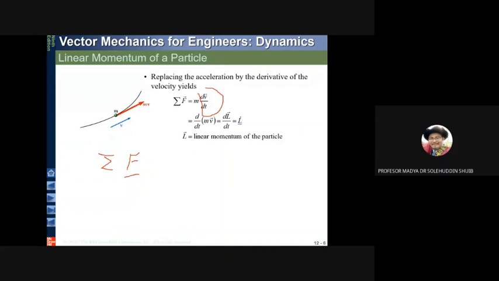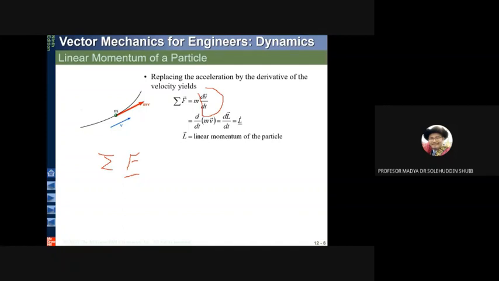We proceed. The acceleration here, we know that acceleration is dv/dt. So we substitute a to be dv/dt.